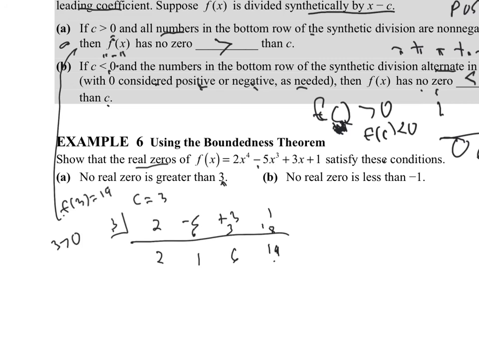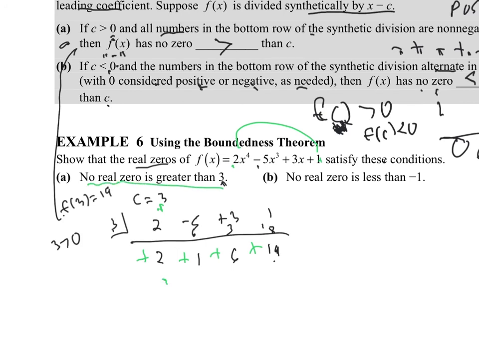That would have been fine. Positive, positive, positive, positive. They are all non-negative. That means there's no zero greater than 3. You wouldn't try any other number. Great. Factors of 1 and factors of 2 never even give me any possibilities bigger than 3 anyway. But that just shows that there are no numbers greater than 3 as zeros.